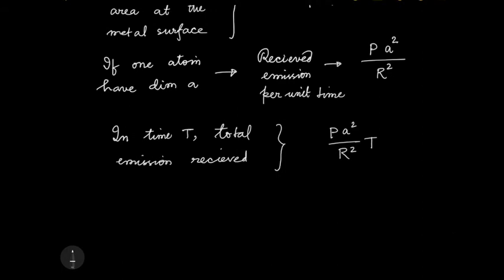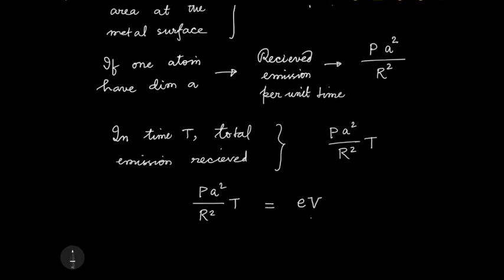Now, if the electron has to come out, this much amount of energy should be equal to the energy that it shows when it comes out of the metal. So it should get all this energy when it is coming out of the metal. So at least this much energy is required.